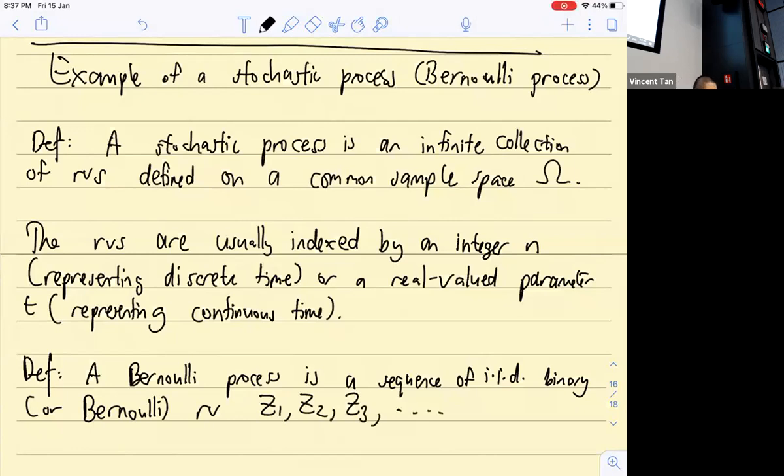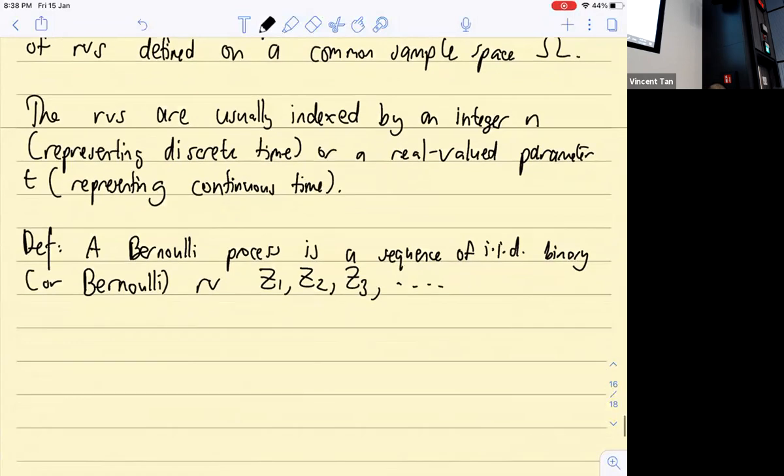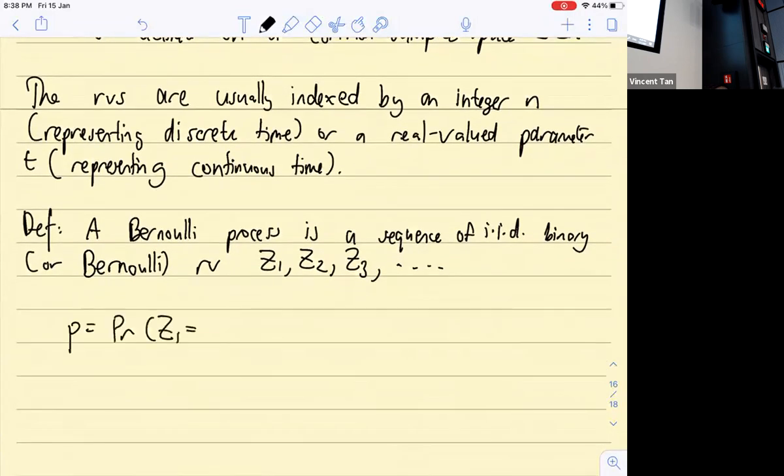This is your first stochastic process. Since they are IID and binary, all we have to specify is p, the probability that Z1 is equal to 1. Then because they are identically distributed, that is also the probability that Z2 is equal to 1. We can define q equal to 1 minus p, which is the probability that Z1 is equal to 0.